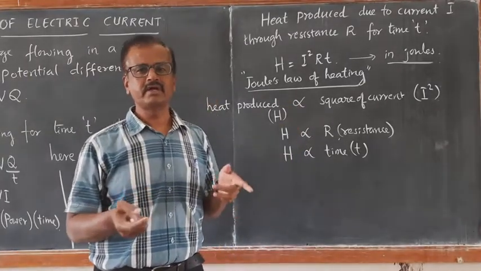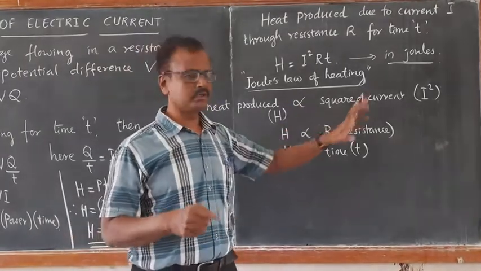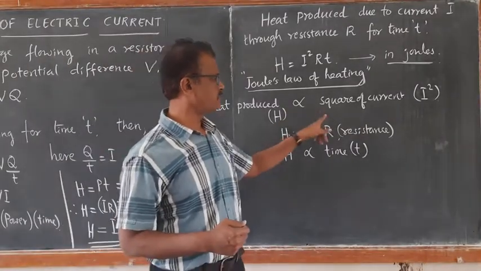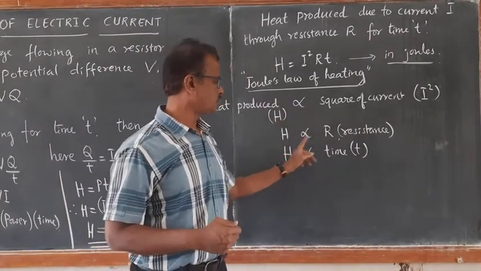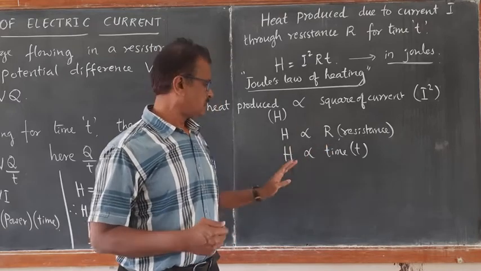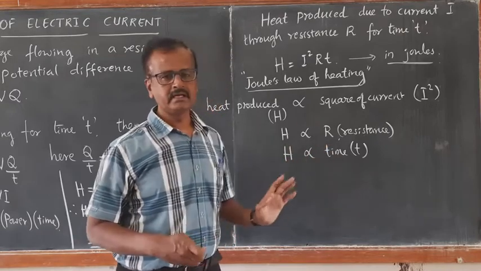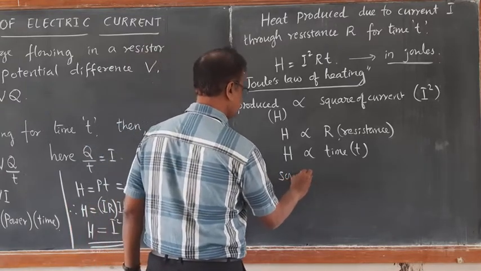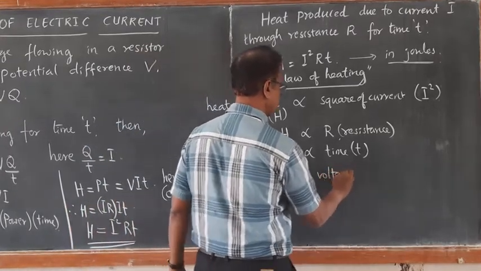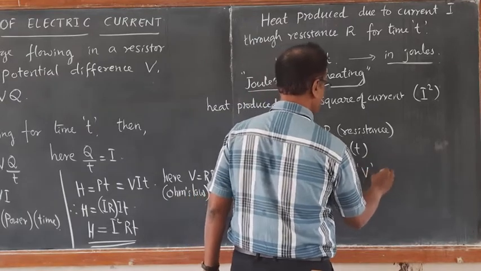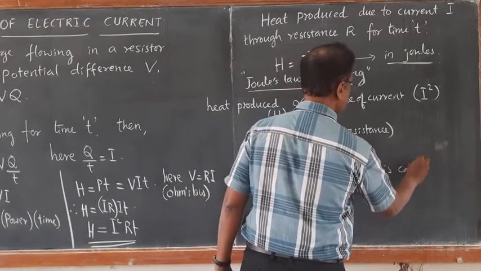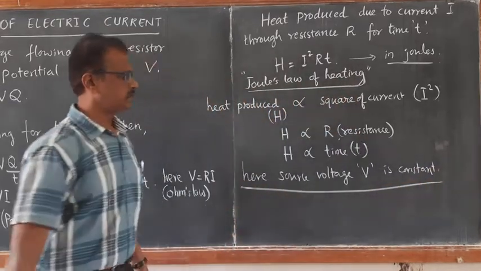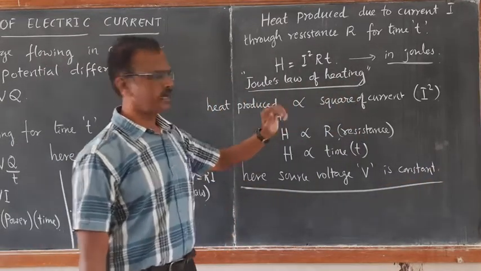So heat produced is directly proportional to the square of the current, directly proportional to the resistance, and directly proportional to time t. Here the source voltage V is constant. So this is the equation, that is H is equal to I square RT.